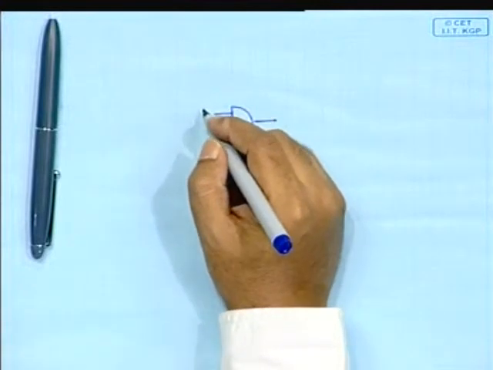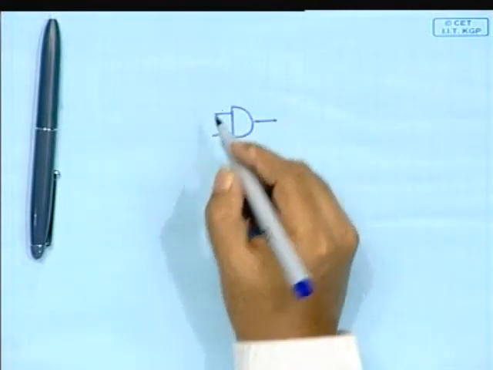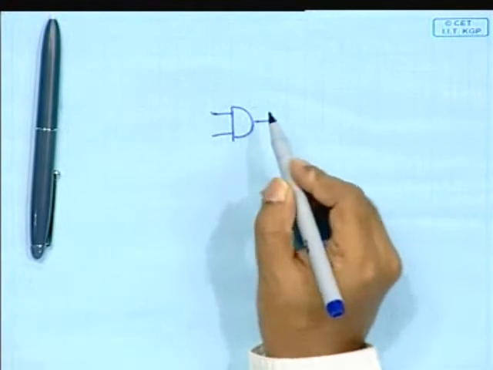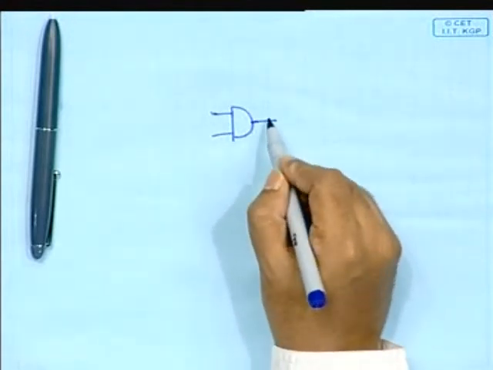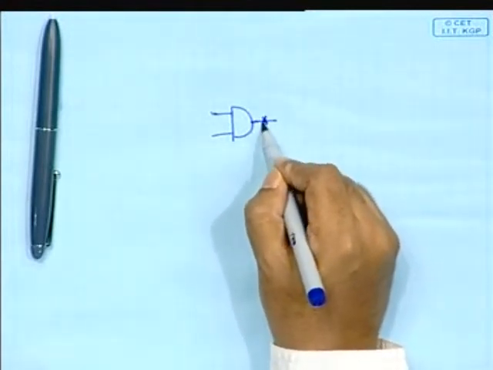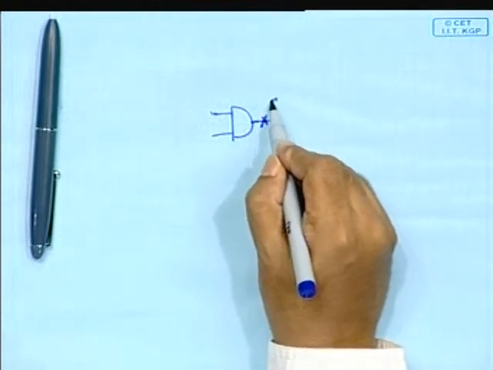No, right? So let's say that you have an AND gate, and suppose you want to find out whether this output is stuck at 0.